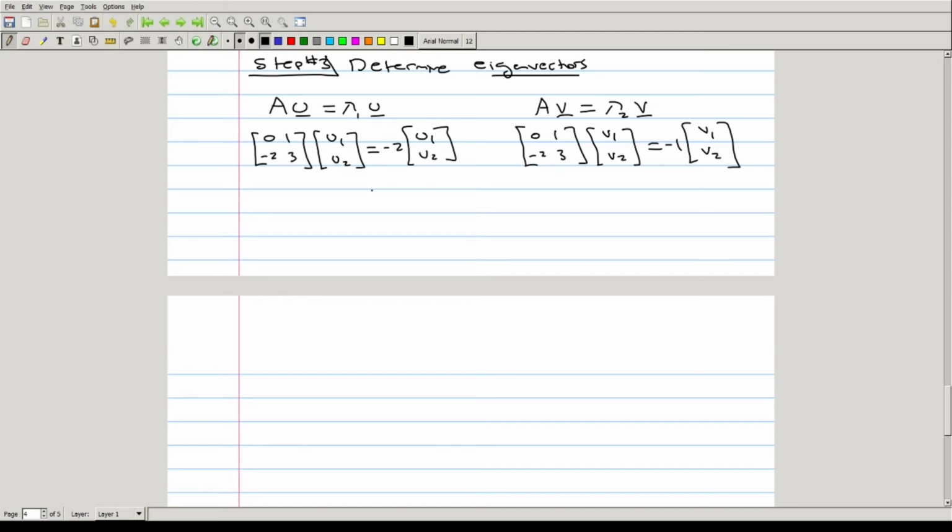And so going through and solving this system for u1, u2, you see that any eigenvector of this matrix A corresponding to negative 2 is going to be of the form of a constant times the vector 1, negative 2, and any eigenvector v is going to be of the form of a constant times the vector 1, negative 1.